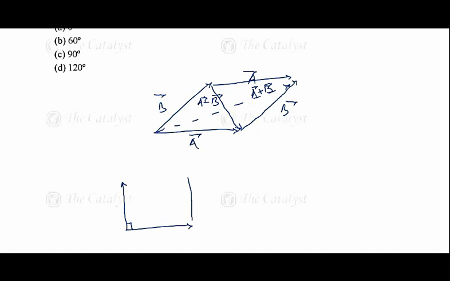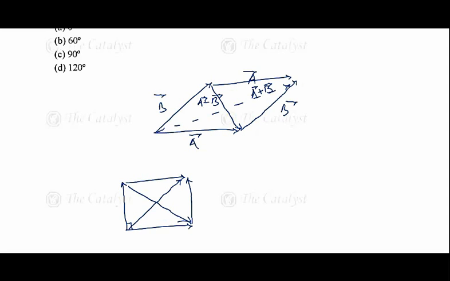Because only in a rectangle do the diagonals have equal length. This we know from our basic knowledge of geometry, right? Then only this diagonal A plus B and this diagonal A minus B will be equal in magnitude, right?